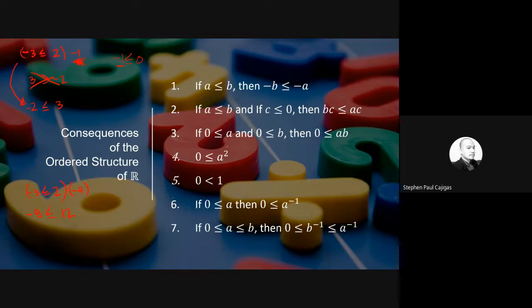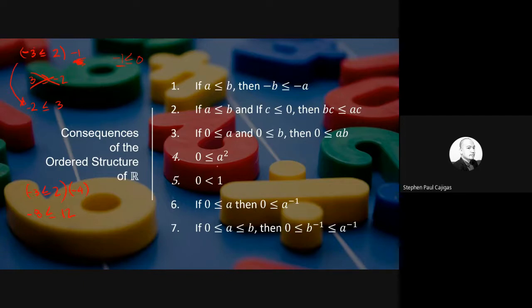Next, if A is positive and B is positive, then A times B is also positive. As in our number 3, positive times positive is equal to positive. Number 4, it shows that A squared is always greater than or equal to 0, no matter if your A is positive or negative.